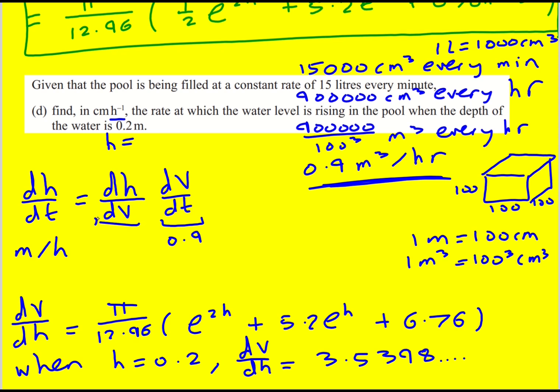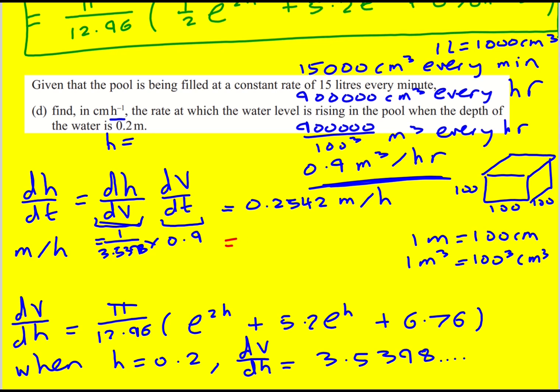So then this here is going to equal 1 over 3.5398. And we get 0.2542 meters per hour.